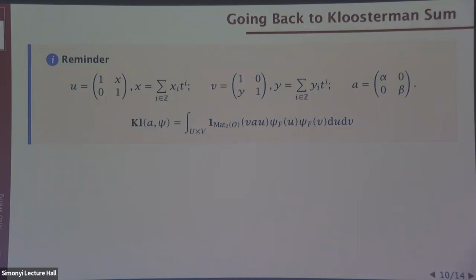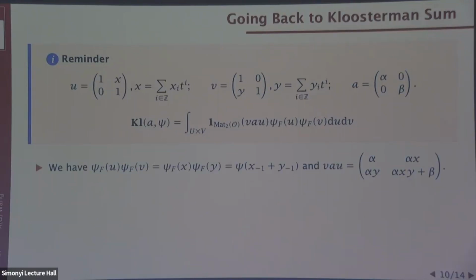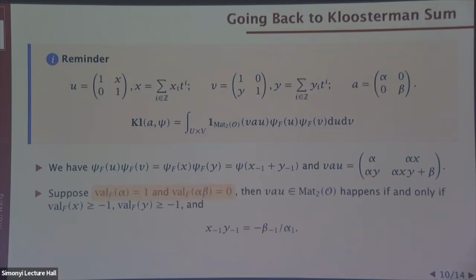So if you unpack the definition, you can write down a few things, and this is just some algebraic computations. And here I make an additional assumption that the valuation over F of alpha is 1, and the valuation of alpha times beta is 0. Basically, the first non-trivial case.